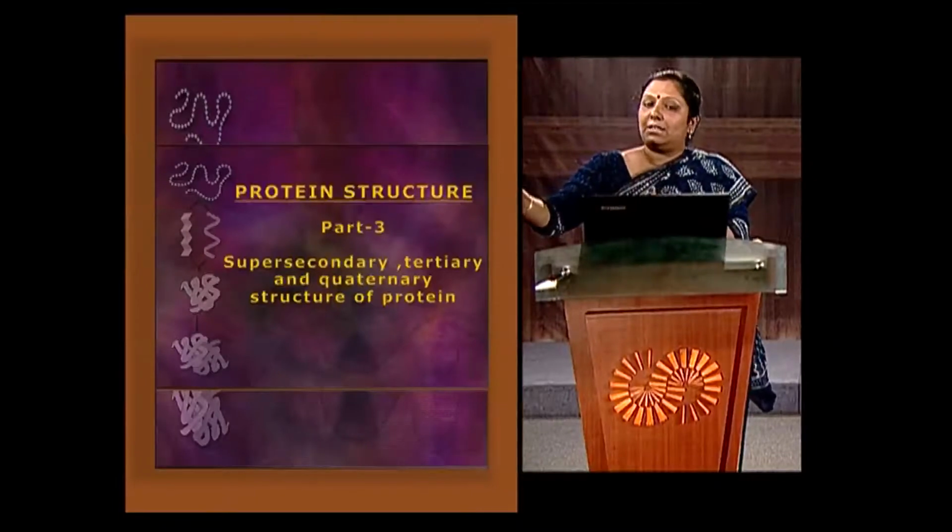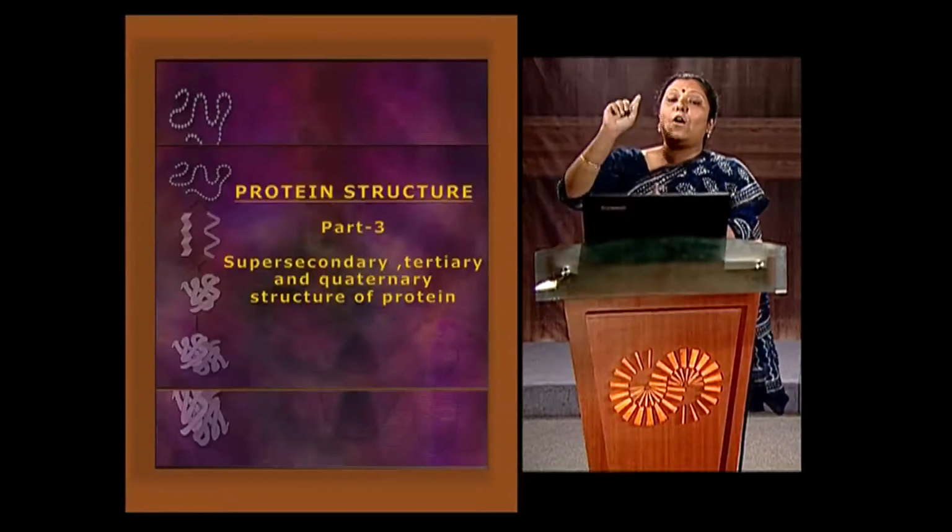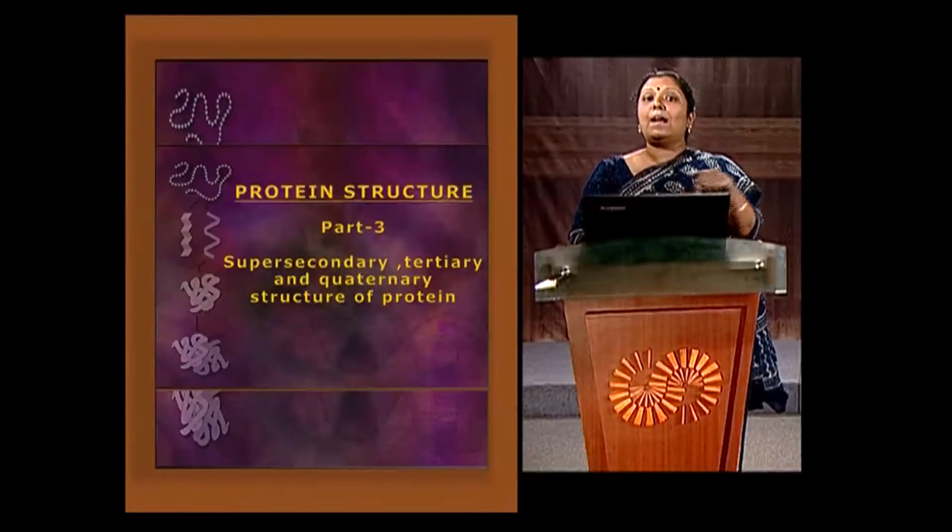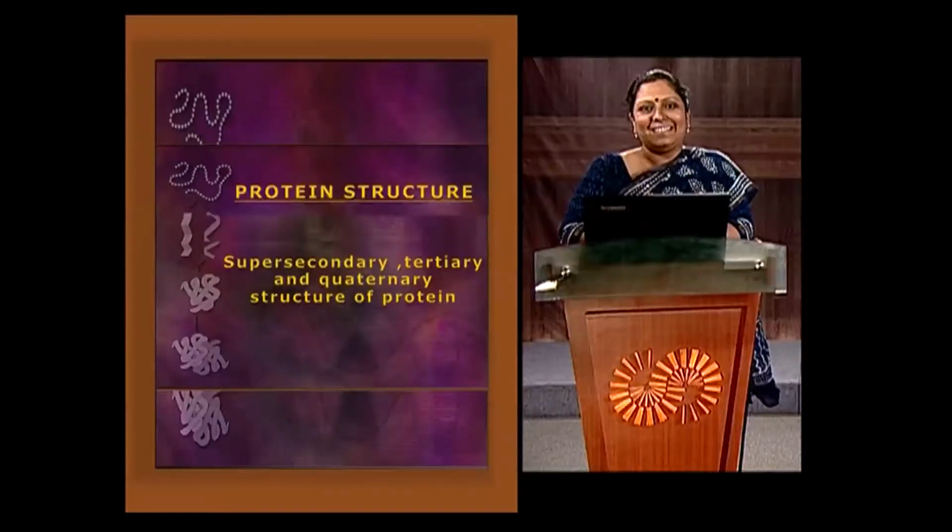But in the case of a multimeric protein, where more than one subunit is present, not only the tertiary structure but also subunit assembly or subunit interaction is given by the different types of small tertiary structures to give rise to the quaternary structure. Myoglobin has a tertiary structure that is the same as the alpha or beta chain of hemoglobin. One contains 141 amino acids, the other contains 146 amino acids. So that is the main message. Thank you.